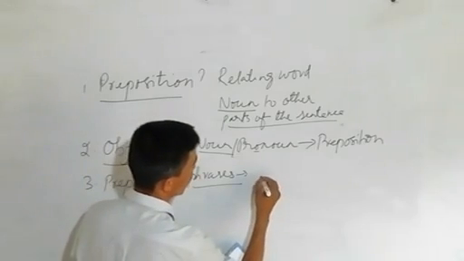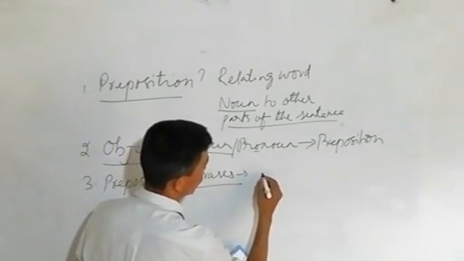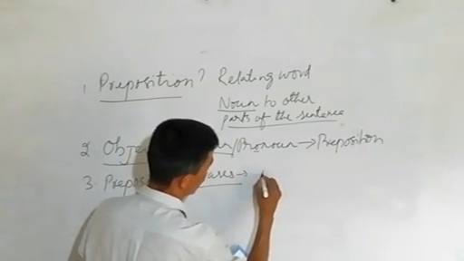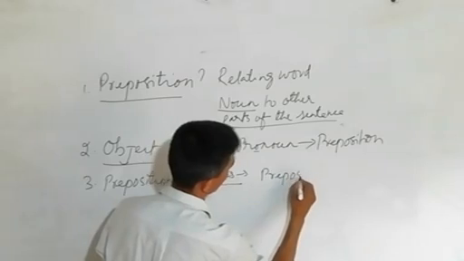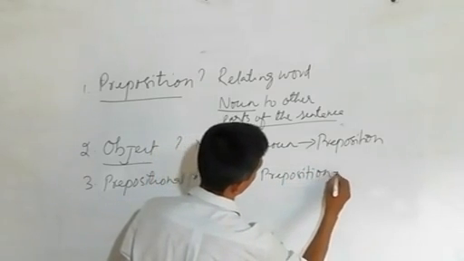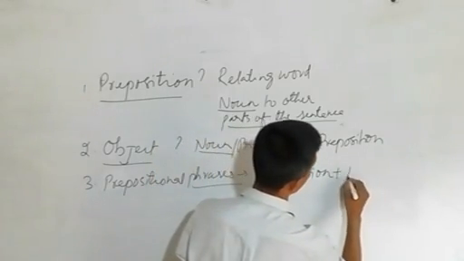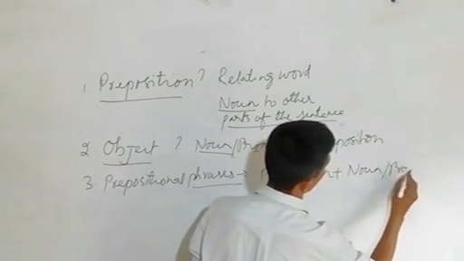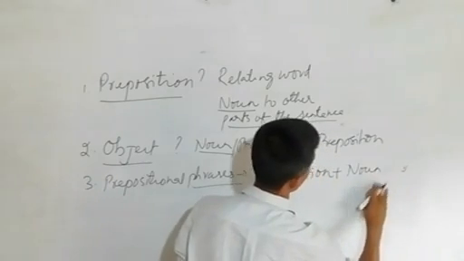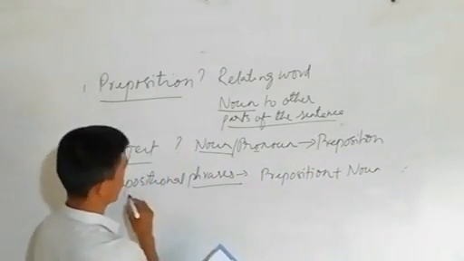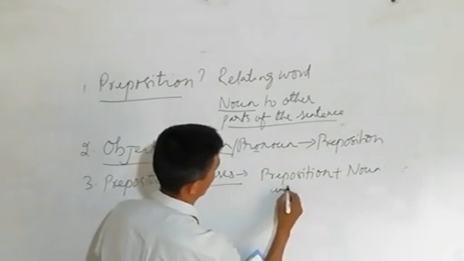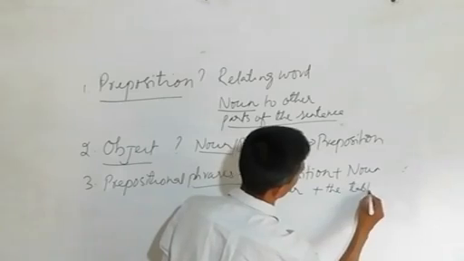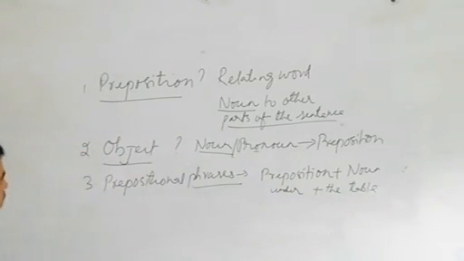They are the groups of words that begin with a preposition plus a noun or pronoun. So this is what we call a prepositional phrase. For example, under the table.